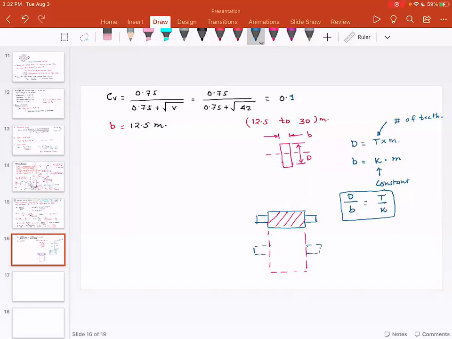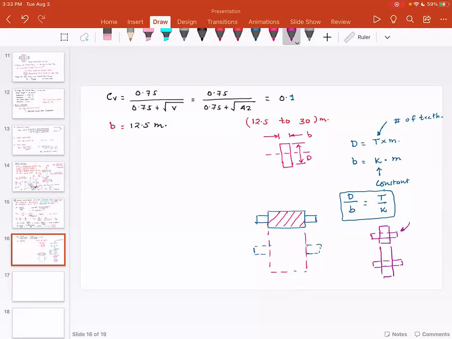Or you can have a gear which is something like this. And there is nothing right or wrong answer in here. But the disadvantage of a gear, something like this, is that you are going to have very high unbalanced forces.